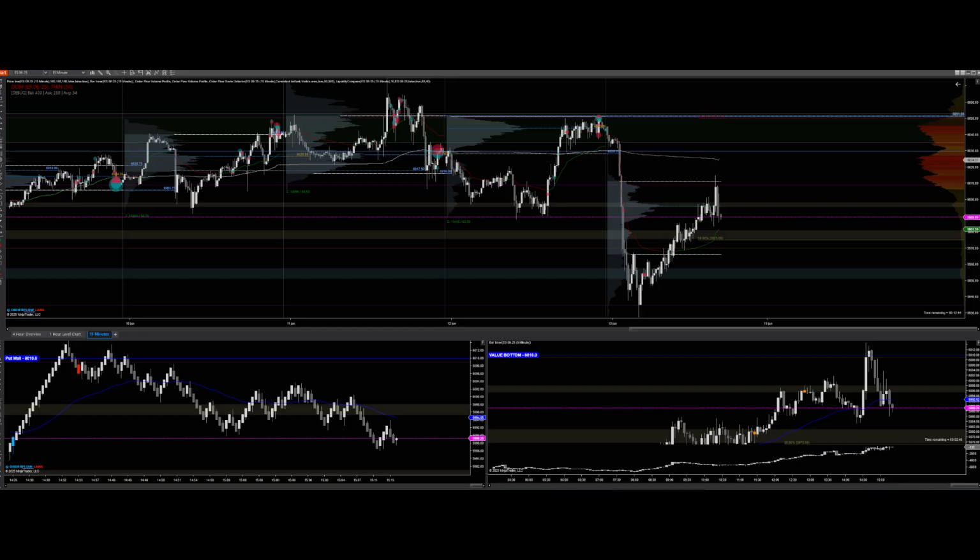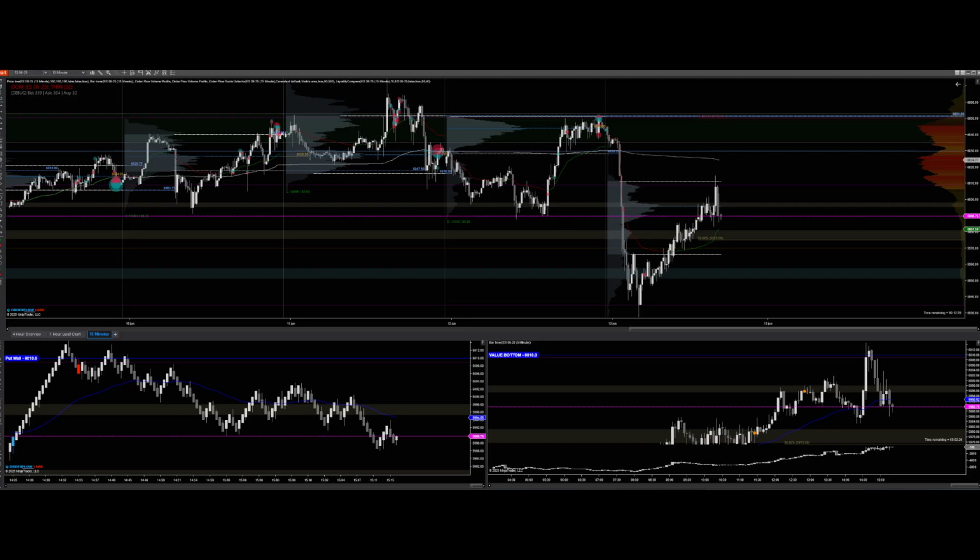I have a volume profile from Globex Open, so that is the daily volume profile. On my DOM, I have separate volume profiles for overnight session and RTH session.